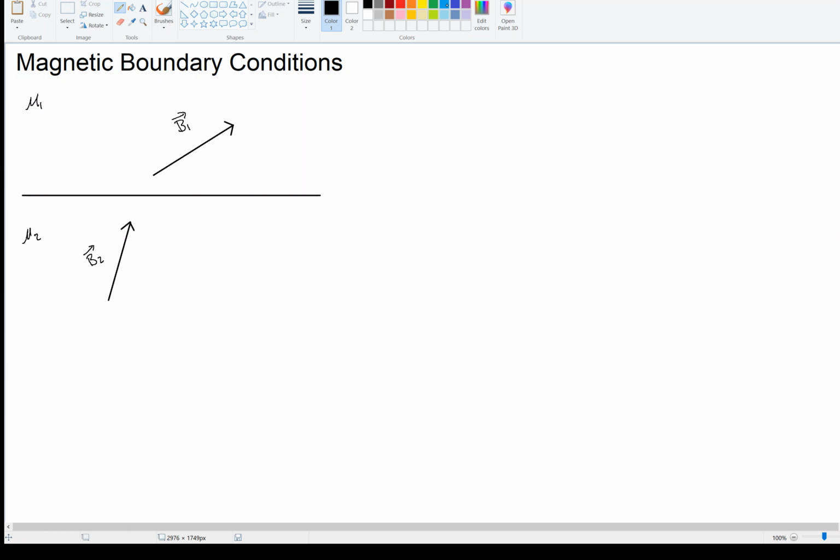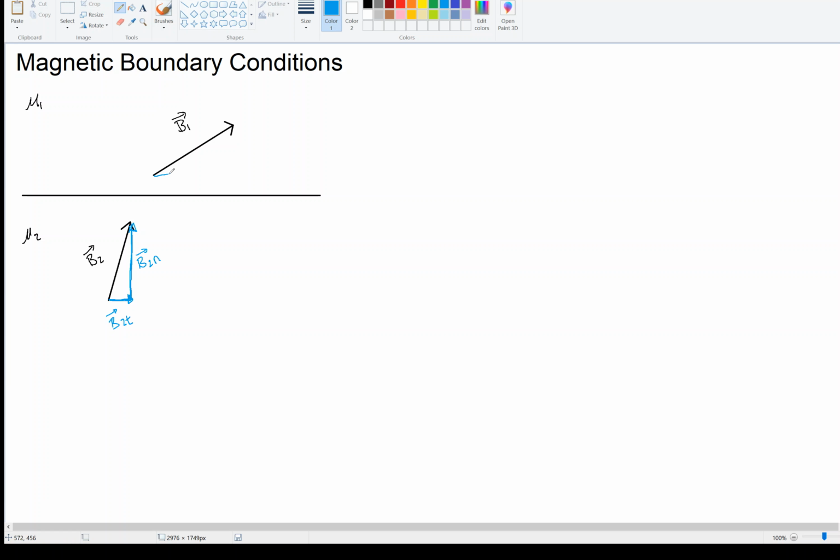These fields have tangential components, that is, a component that is tangent to the interface, parallel to the interface. We'll call that B2T. And then it also has a normal component, a component that is normal to the interface. We'll call that B2N.